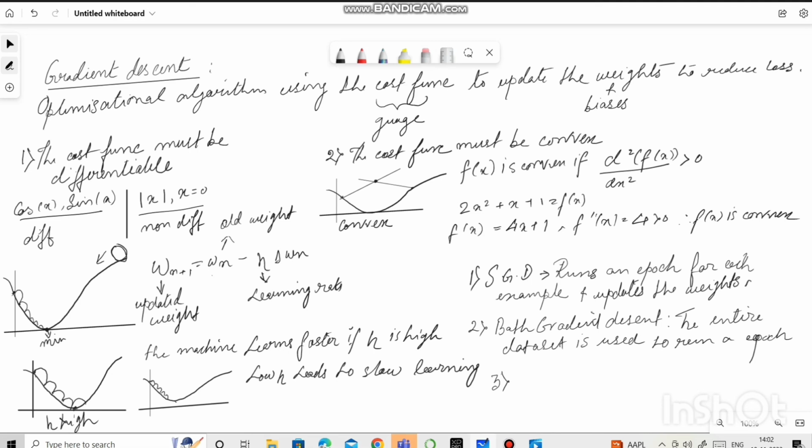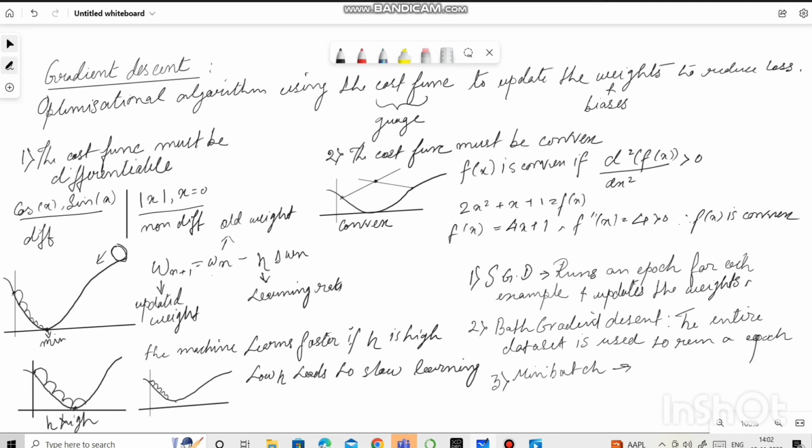The third is a mini batch. So what is it? Instead of the entire data set, in mini batch gradient descent we define the number of data points that will be used to run one epoch, and then it is updated.